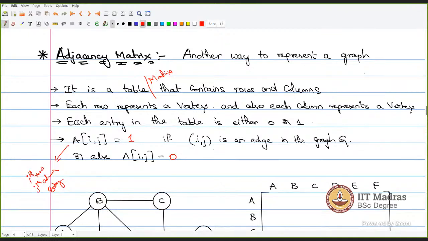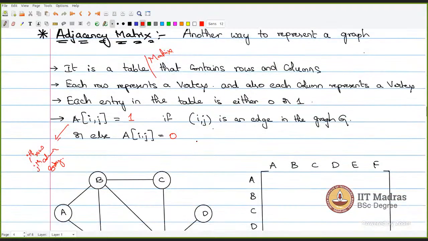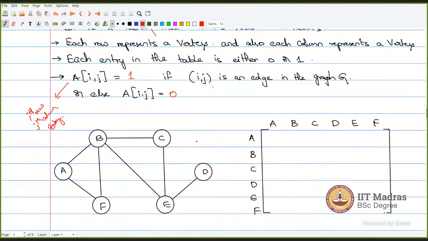Aij will be 1 if there is an edge in the graph G, or else you give 0. You just fill zeros. Now, let us try to compute the adjacency matrix of this given undirected graph.